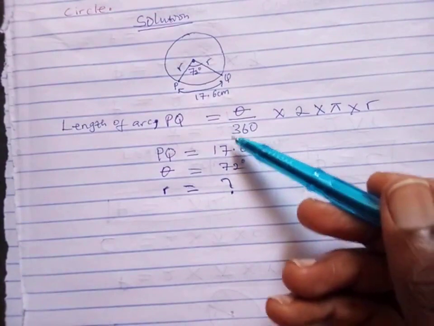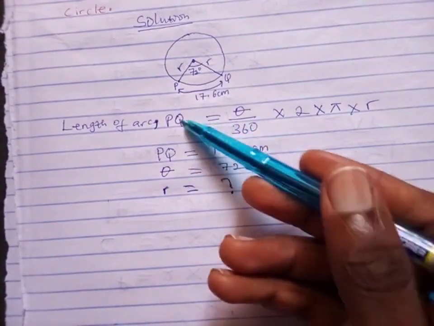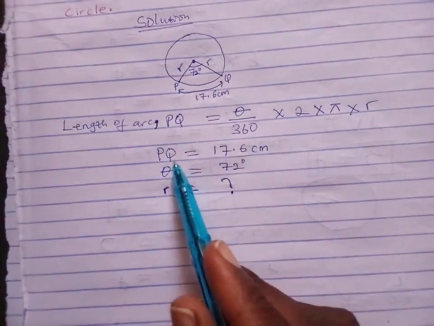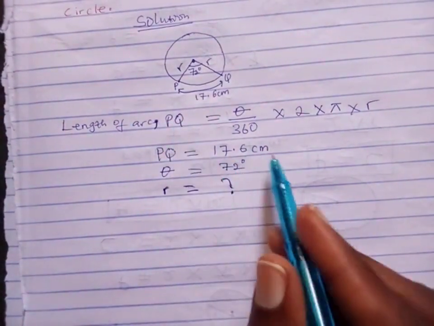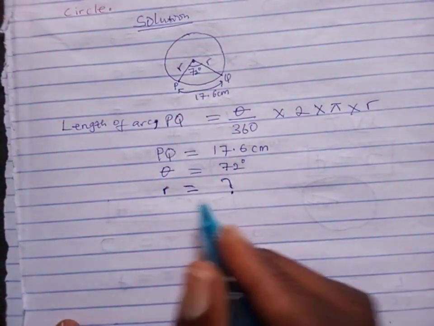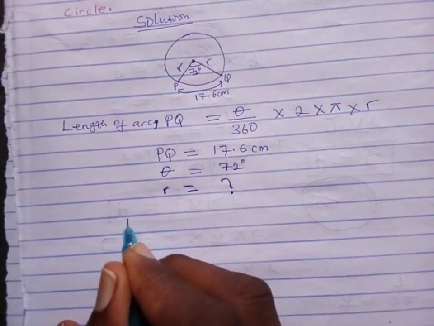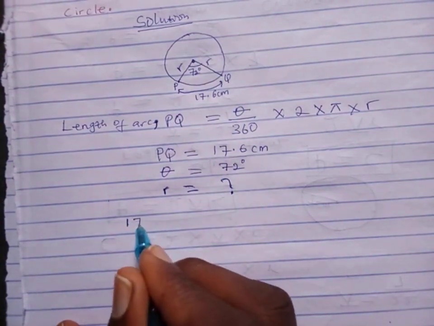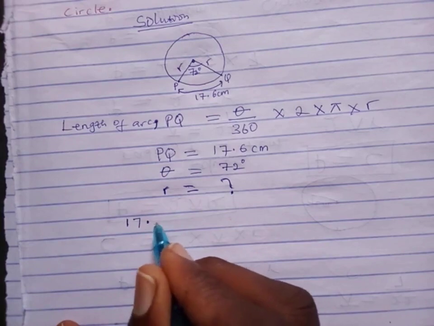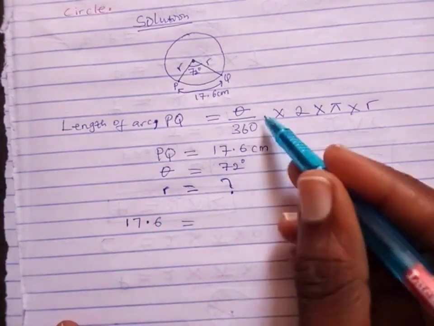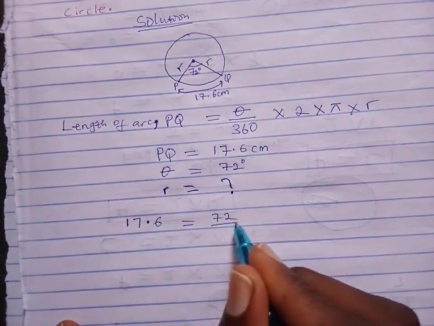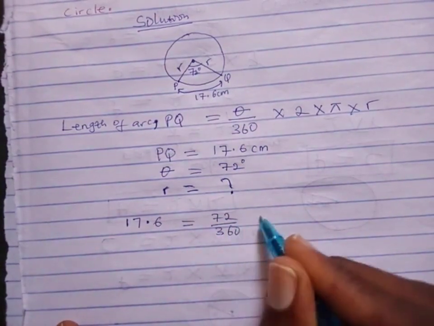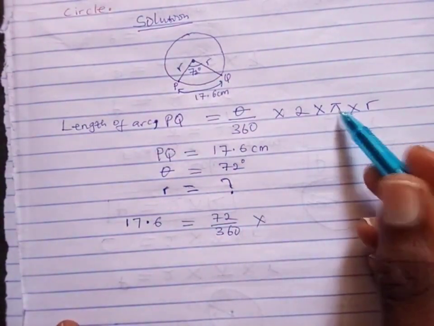Now, let's substitute the values that are given to us into this formula. PQ is 17.6, so I'll replace PQ with 17.6. I then have that 17.6 is equal to theta, which is 72, over 360 times 2 pi.